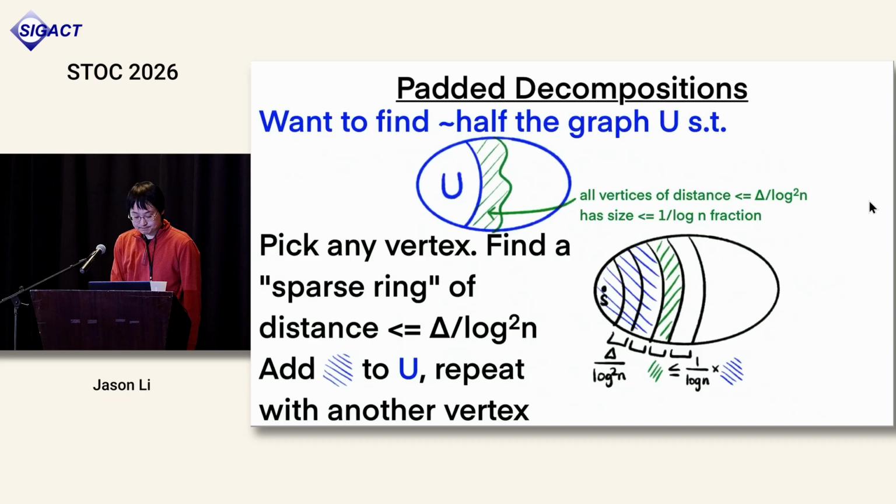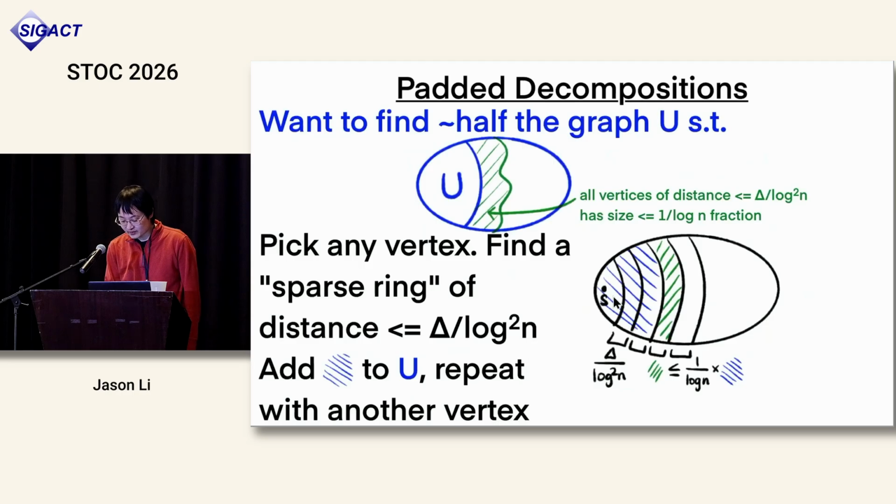Okay. So I'll finish by briefly discussing how to compute this padding decomposition. At a high level, it's using a sparse cut argument. Start from any vertex, and the goal is to find what I call a sparse ring of distance at most delta.